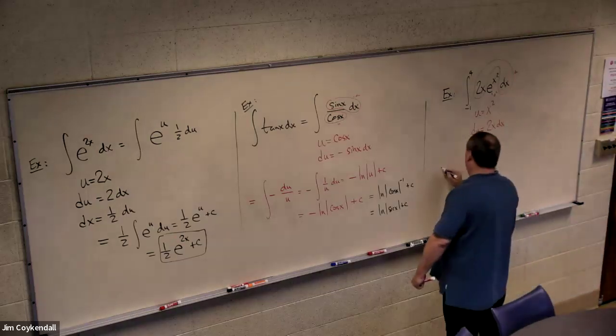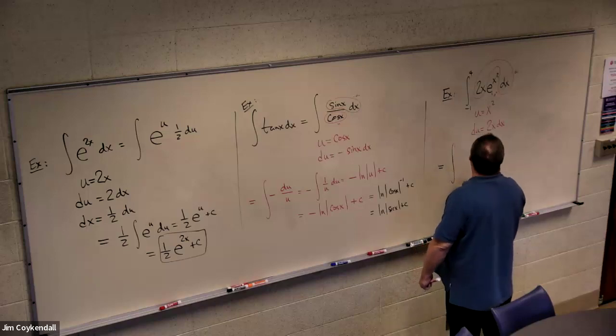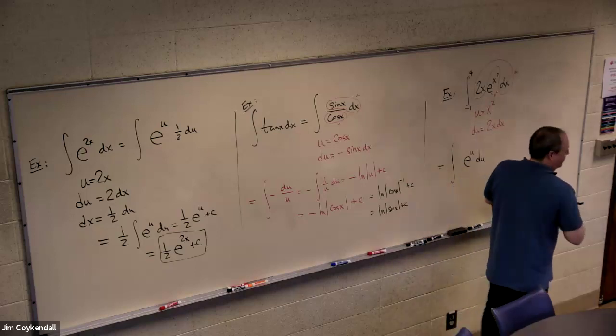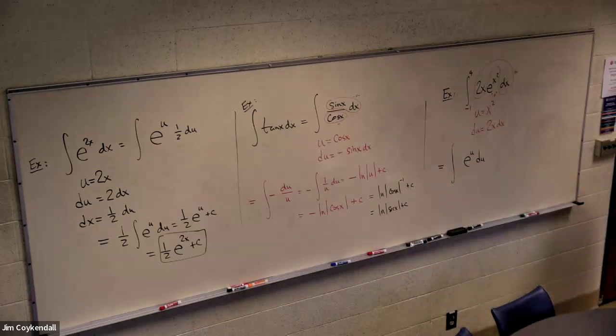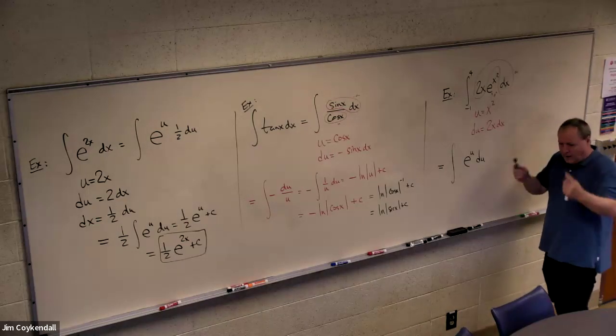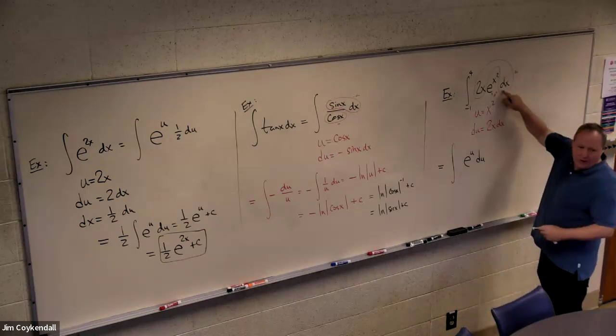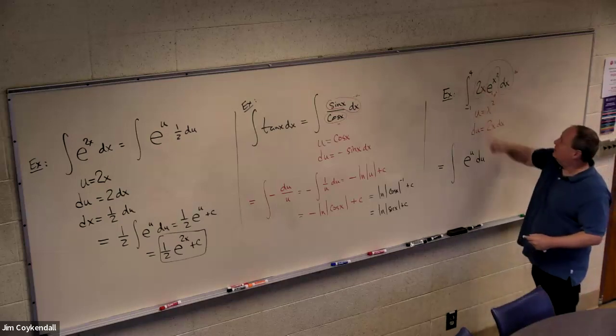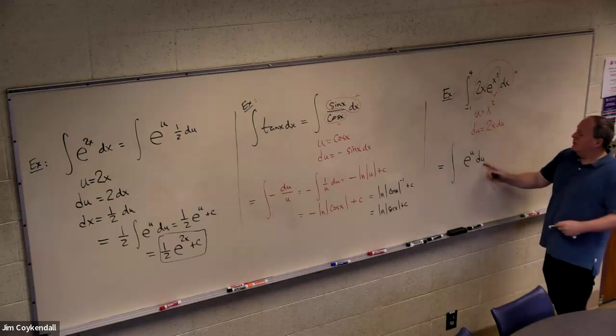And this becomes, well, I get e to the u. And everything else is du. Oh, that's easy. But there's one more thing I need to do, and what's that? That's right, I need to change my limits. The way I remember this is, in the old days, I'm integrating with respect to x. X is minus 1, and x is 4. In the new days, I've got u.